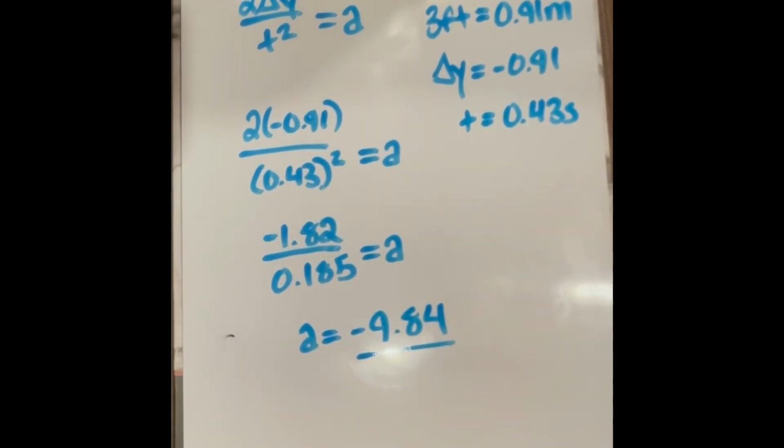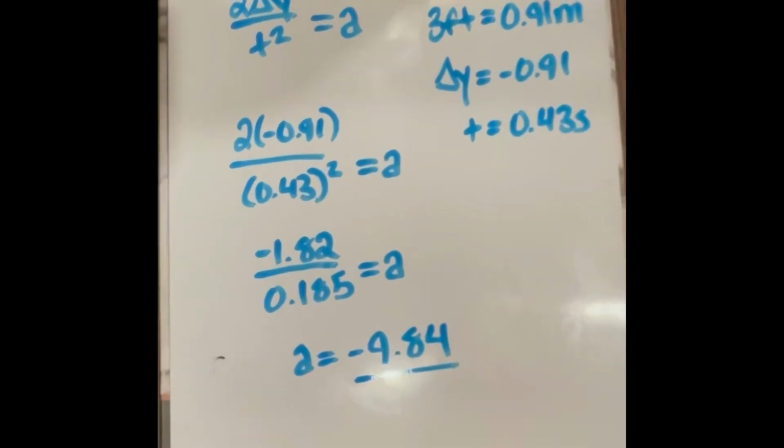After solving, we find that acceleration equals negative 9.84. The answer isn't exactly negative 9.8, but it's pretty close. This is okay because we're not accounting for air resistance in our problem.